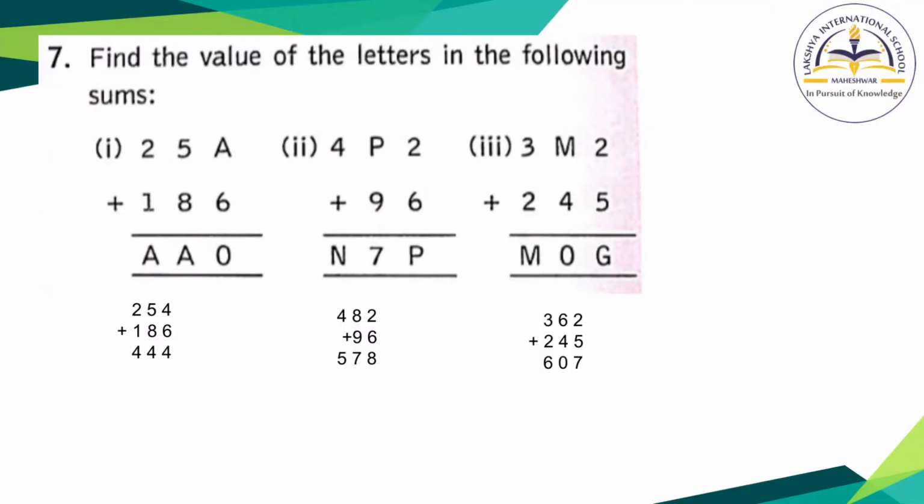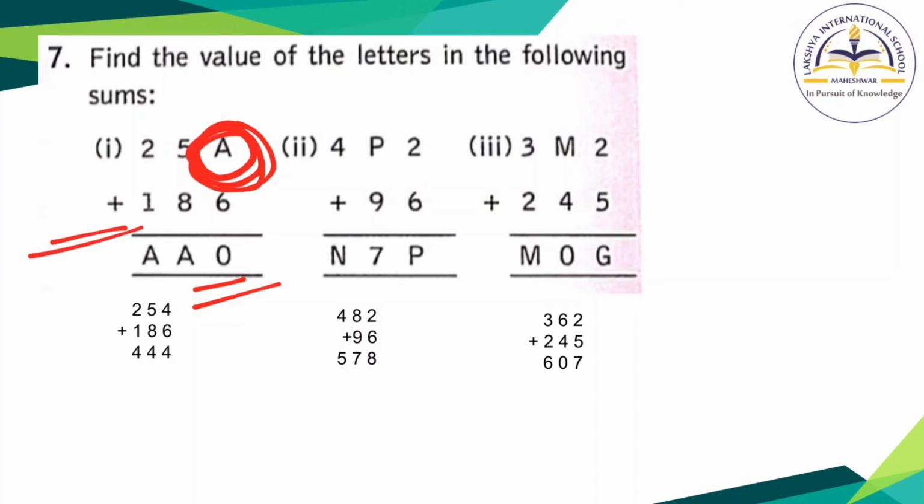So like this you have to solve question number 6. Now question number 7: find the value of the letters in the following sum. Now this is a very easy question. You can see 25a, 18, 6a. Now which number do we write in the place of a to get 0 here? We know 6 plus 4.